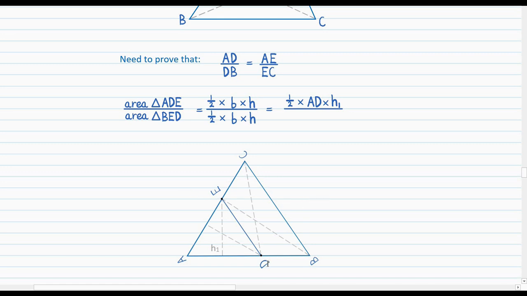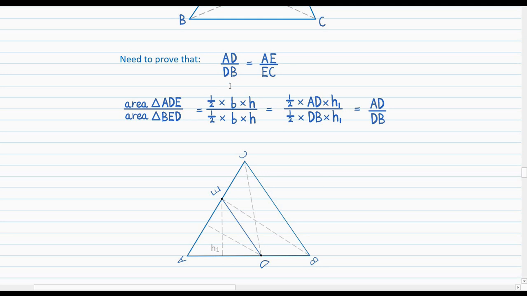So the area of triangle BED is half times BD times perpendicular height H1. And the halves would cancel off and the H1s would cancel off, finally giving the ratio as AD over DB.